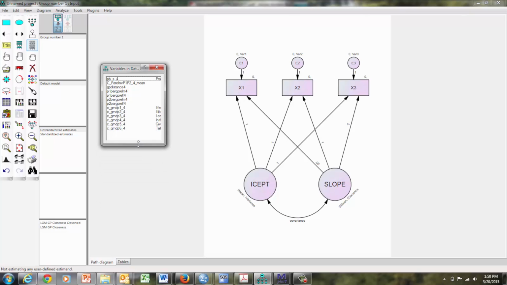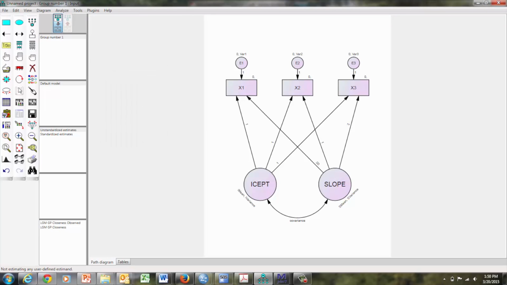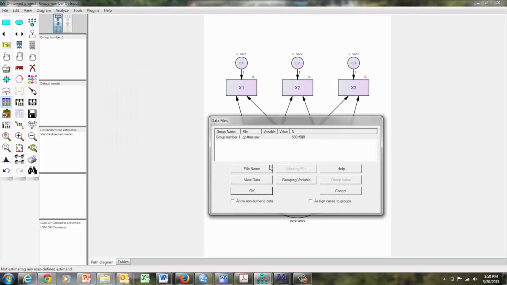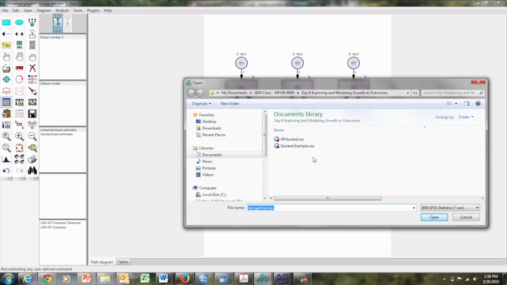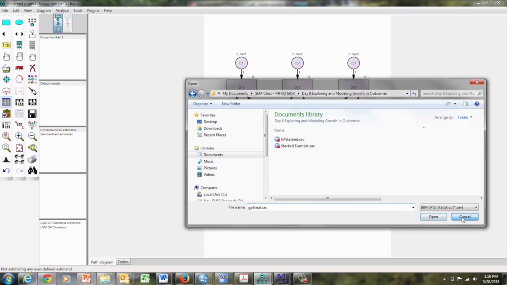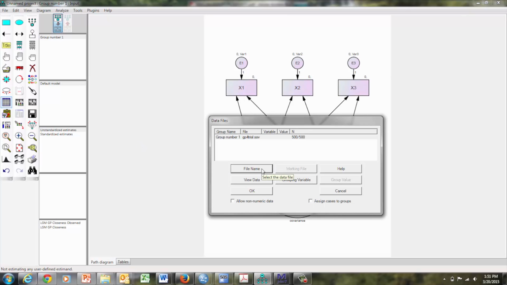Let's see. That is not the right data set. I should have thought this was going to just transfer right over. And we don't want stacked. Let's see.